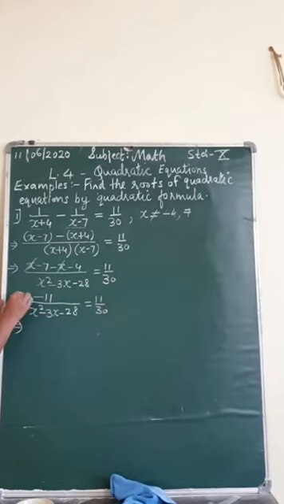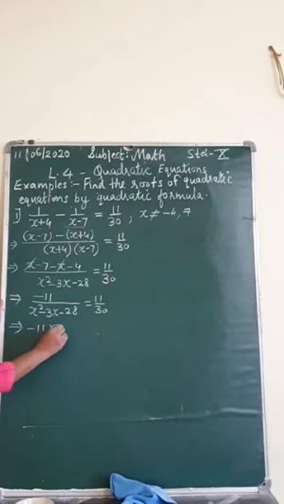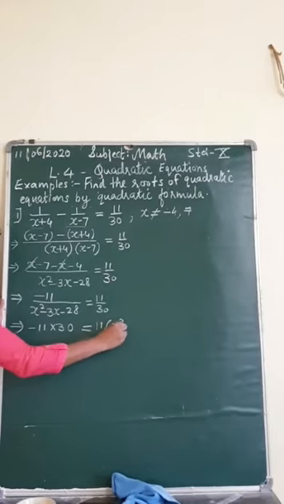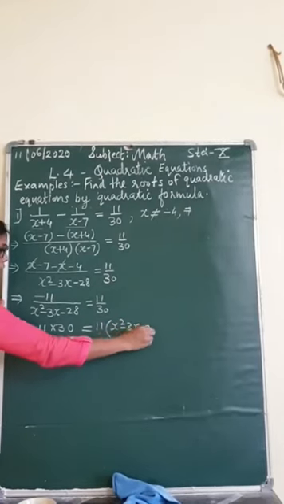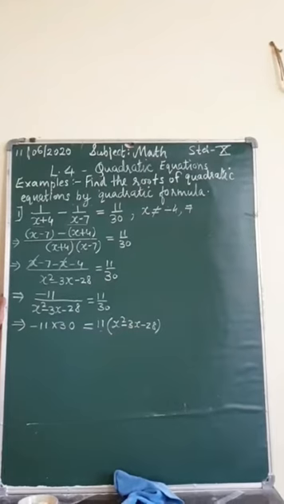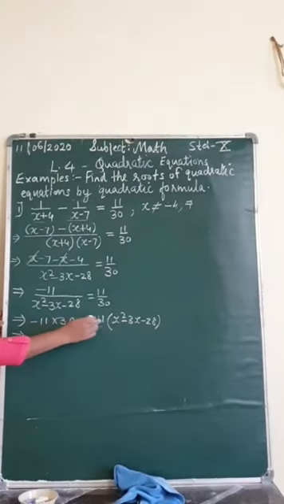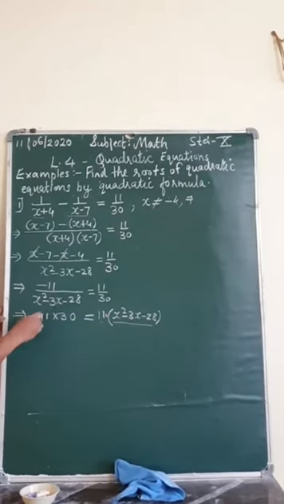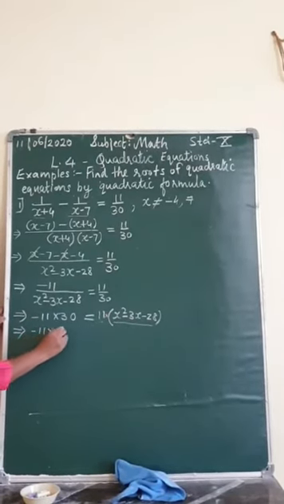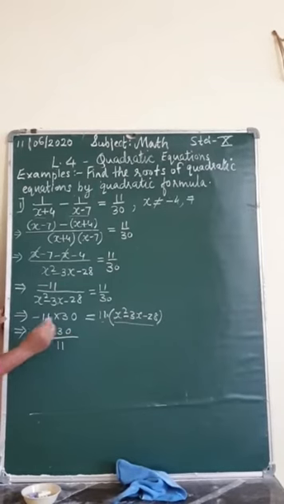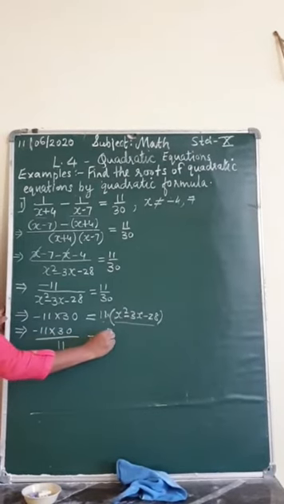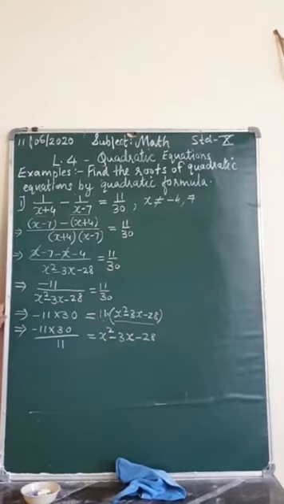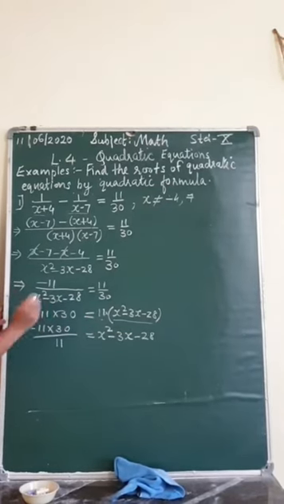That gives us minus 11 upon 30 is equal to 11 in bracket x square minus 3x minus 28. Now bring this 11, which is multiplied to this whole bracket, to the other side, so it will be divided, and we get finally this quadratic on the RHS.